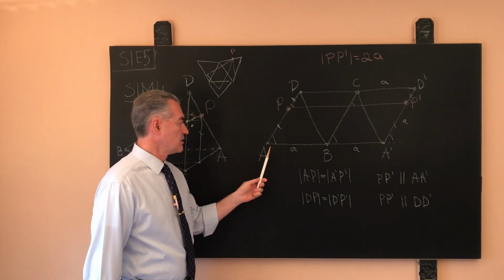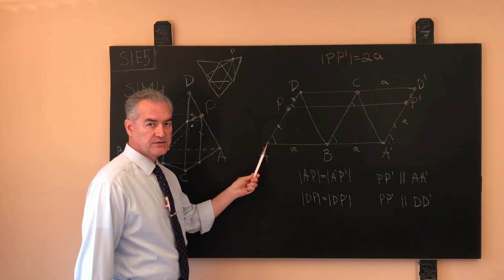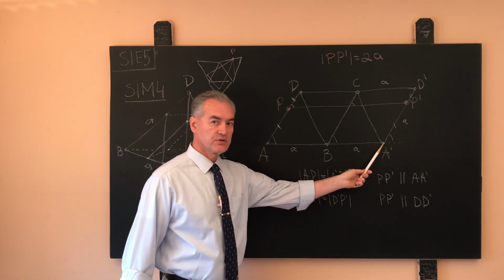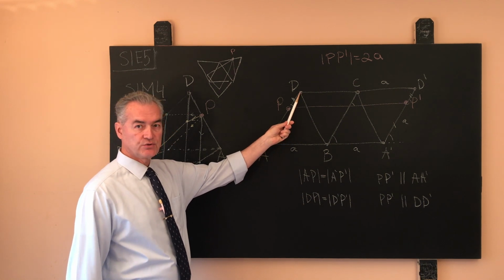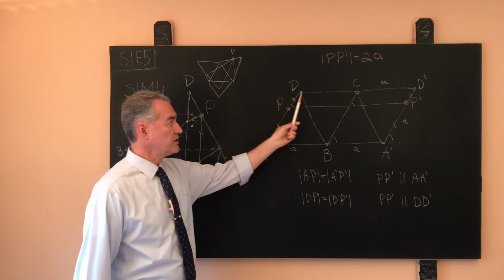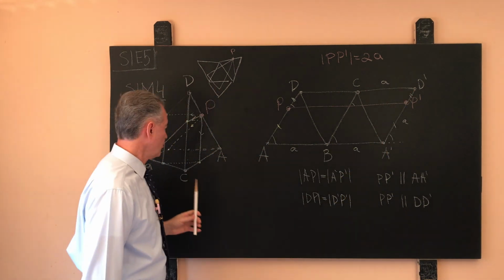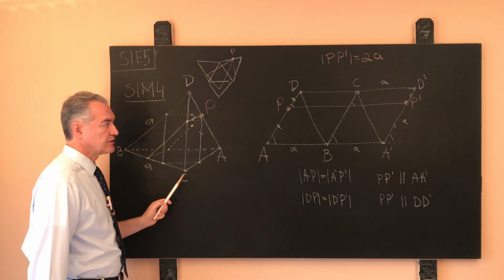The point A, by this particular cut, is split into two, the original point A and the point A prime. Likewise, the point D is split into two distinct points, the point D and the point D prime. The points B and C do not get split at all.